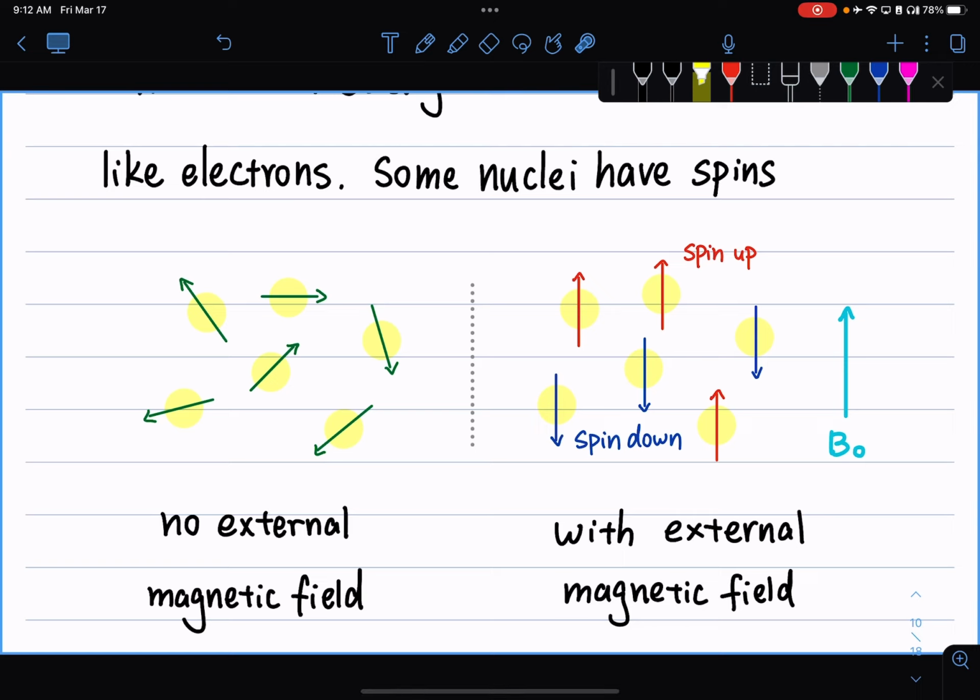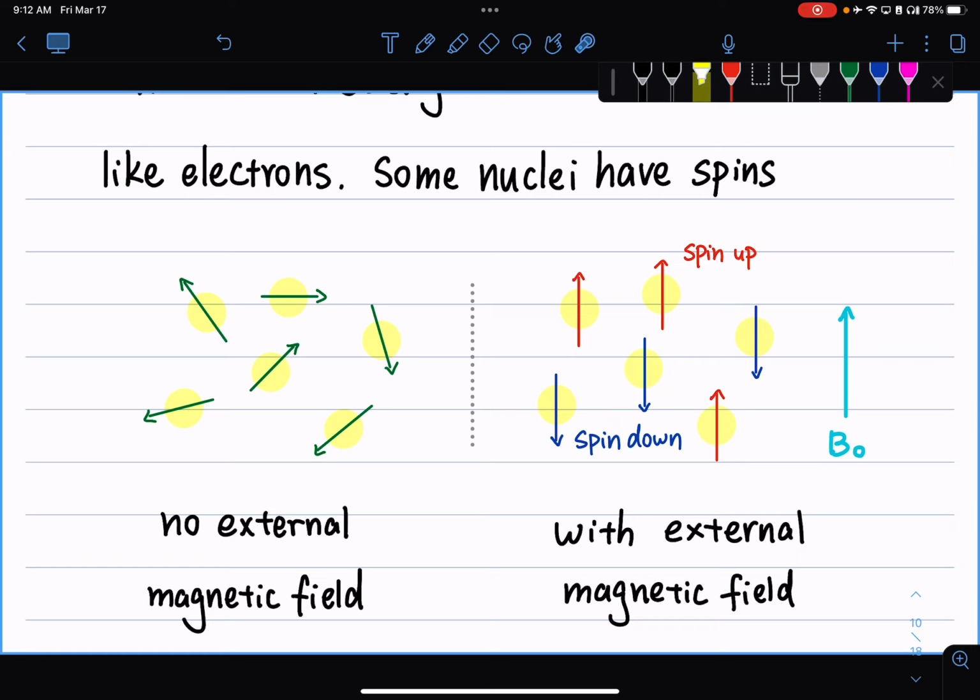Without an external magnetic field, your spin, or your little magnet, is oriented in a random fashion. But with an external magnetic field pointing in a certain direction, atoms or nuclei or electrons with different spin will react differently.